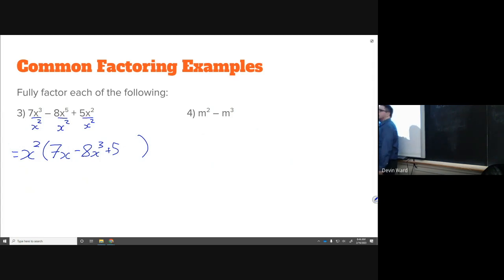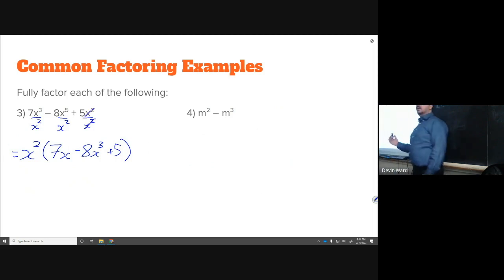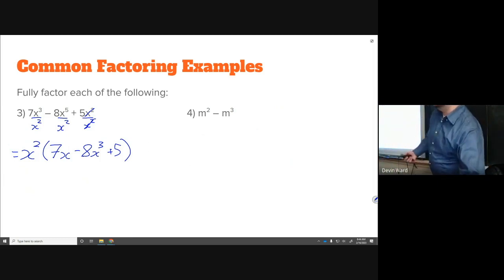X squared divided by x squared is just 1, okay? So we would have 5 times 1. But what happens is it just cancels out fully and we're just left with the 5. Whenever you divide out letters like that, you'll always have one that doesn't have any more letters with it. So it's just 5 on its own.